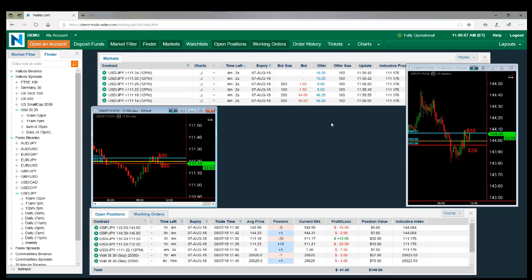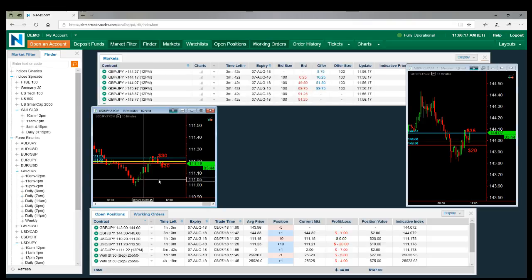What do you typically want to see for that? Hidden divergence would be ideal, or trend divergence. Both of those are ideal for that scenario. Same thing like over on the British pound yen. You come in on the British pound yen, choose the noon expiration.